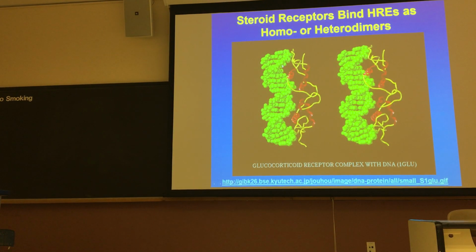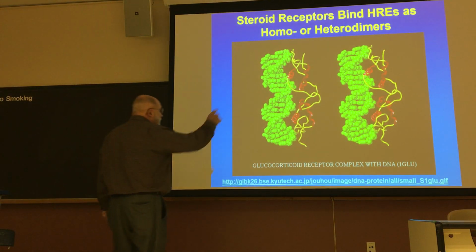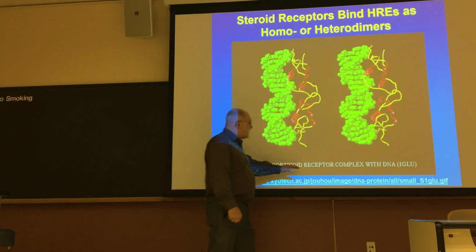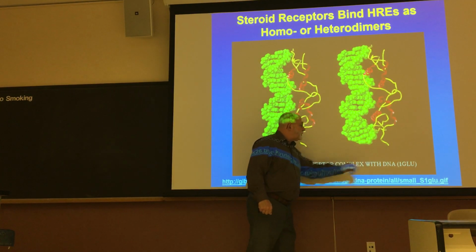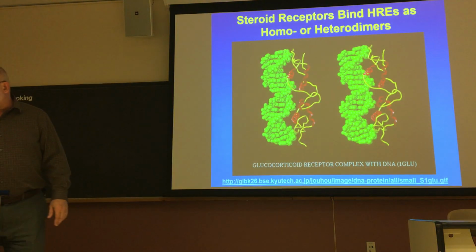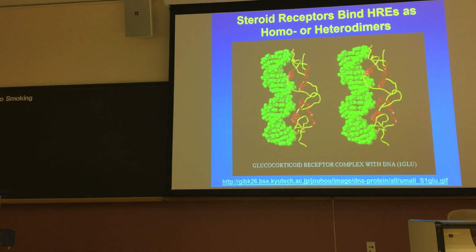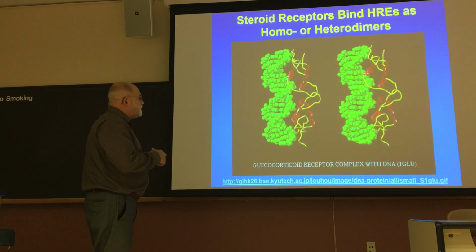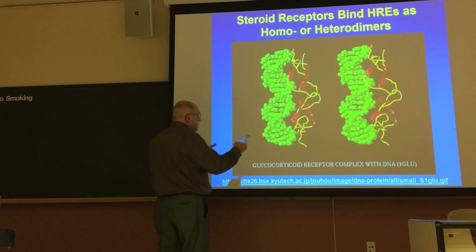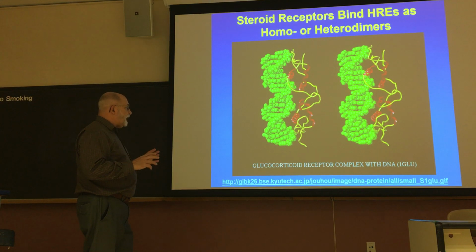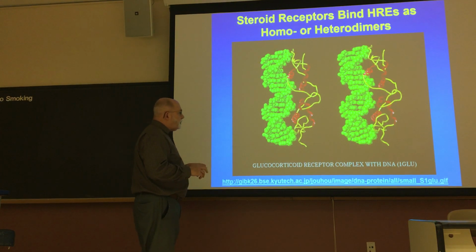The DNA here is shown in green. This is what glucocorticoid receptors would look like when they're complexed with DNA. This is a stereo pair again. I've shown you these at least once or twice. If you cross your eyes and relax them, you can see a three-dimensional image of the DNA associated with the protein.